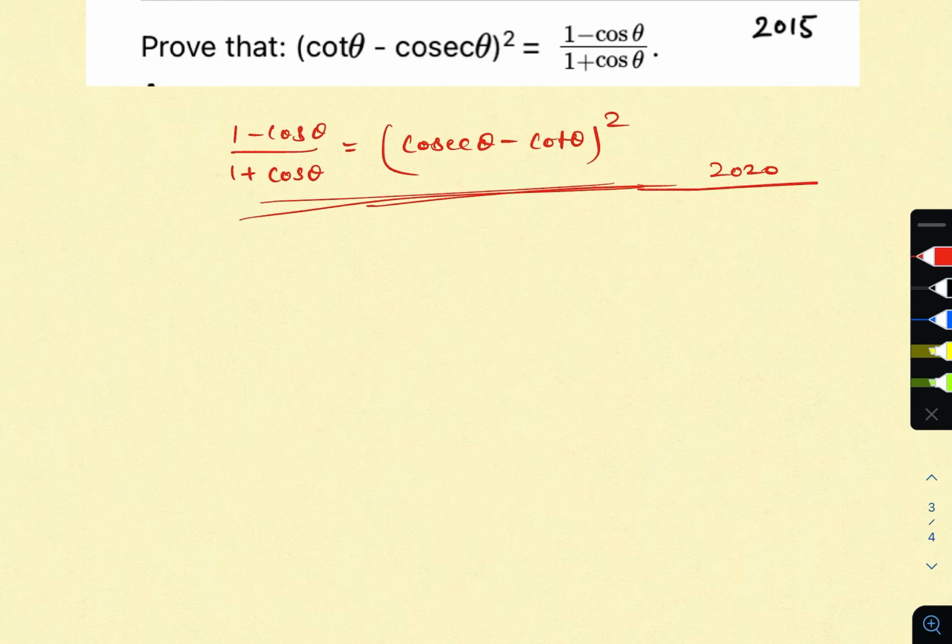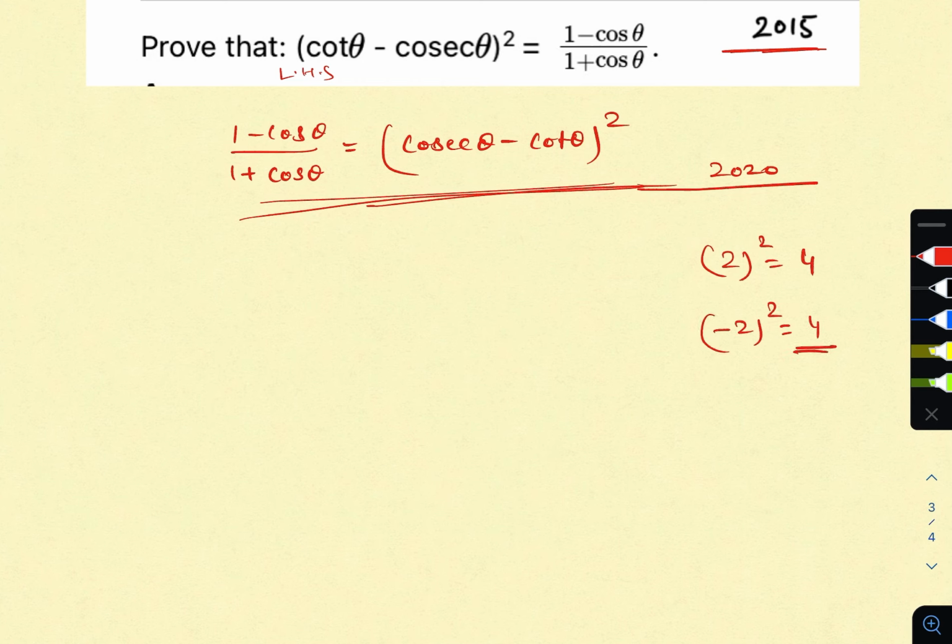And the third question which we are discussing here was asked in 2015. So look, what is the similarity here? Whatever the left hand side given here, that is the right hand side in the previous question. If you are getting confused that here it is cosecant theta first, then cot theta after, then you can do this: 2 square is how much? 4, and minus 2 square is also 4.